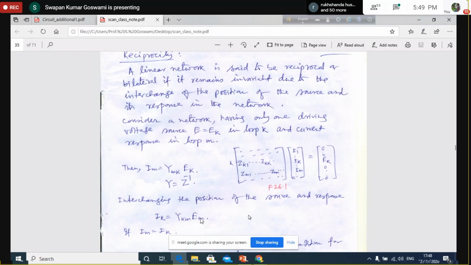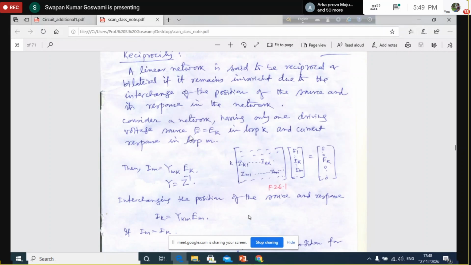Now, the reciprocity theorem says that for a reciprocal network, you can interchange the position of the source and response. If the source value is not changed, the response value also will remain unchanged. So we are not changing the source value.